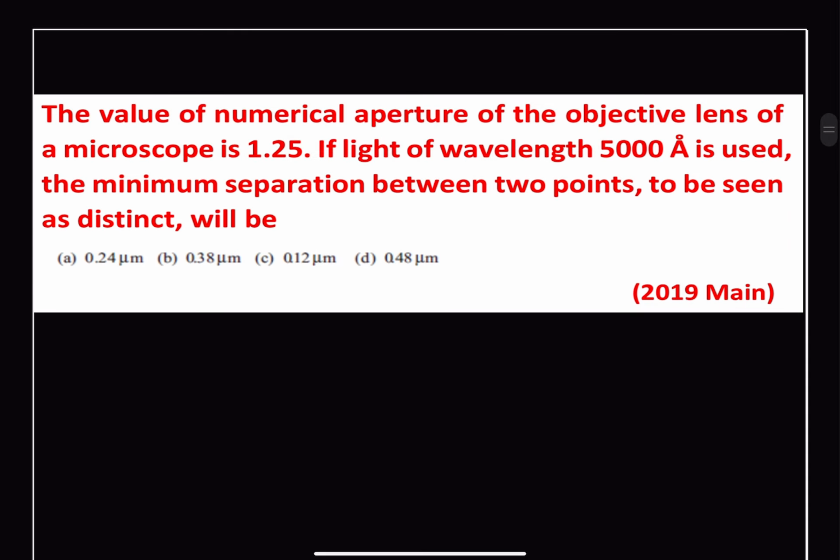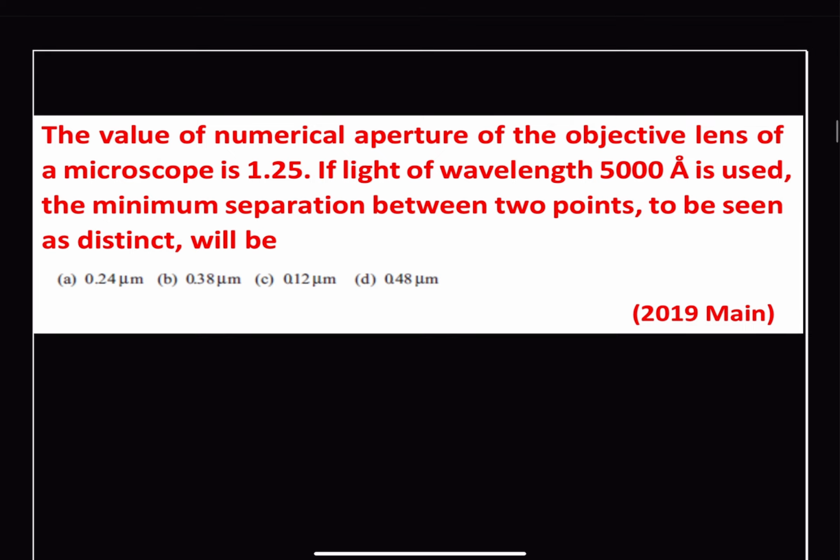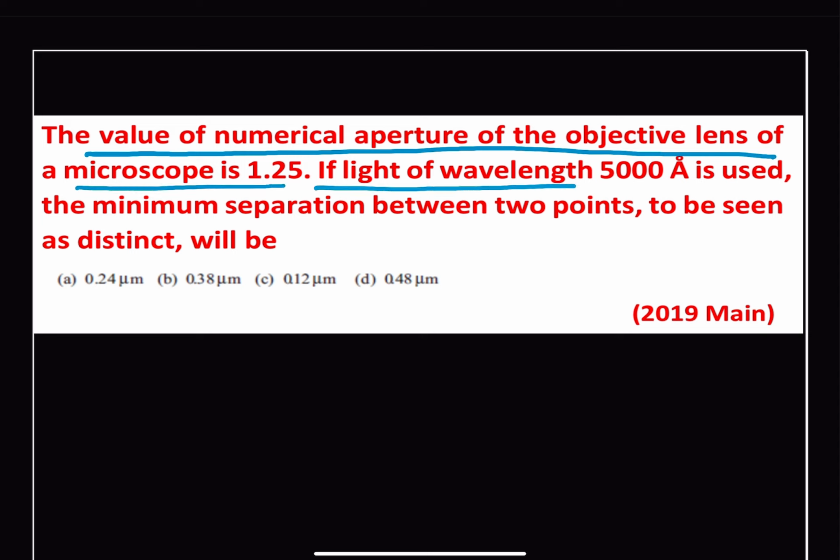Next question, and it is asked that the value of numerical aperture of the objective lens of a microscope is 1.25. If the light of wavelength 5000 angstrom is used, the minimum separation between the 2 points to be seen as distinct will be. Okay.